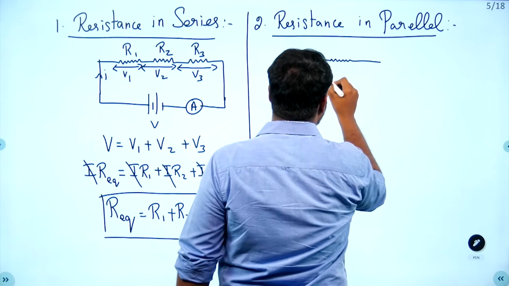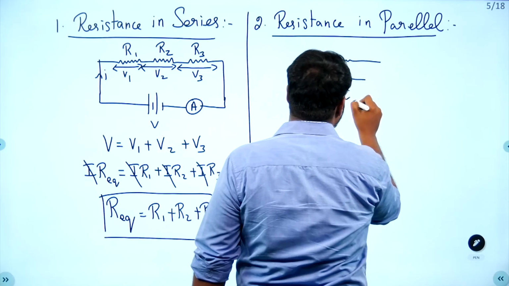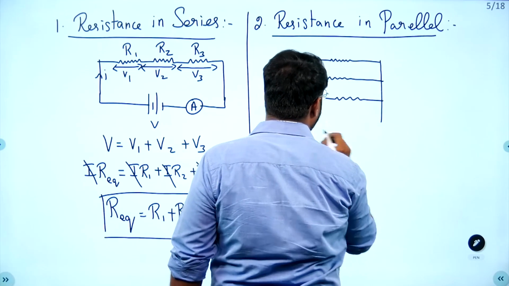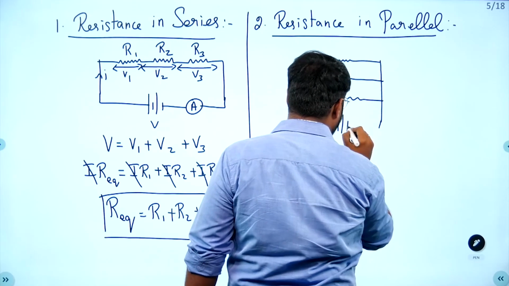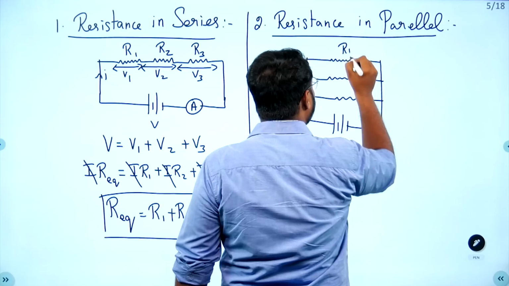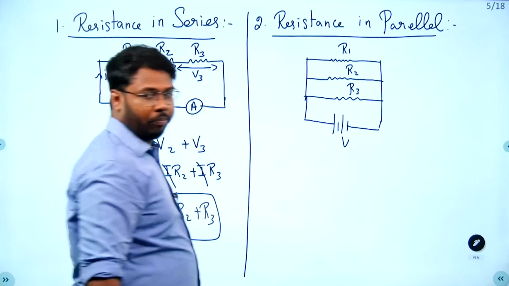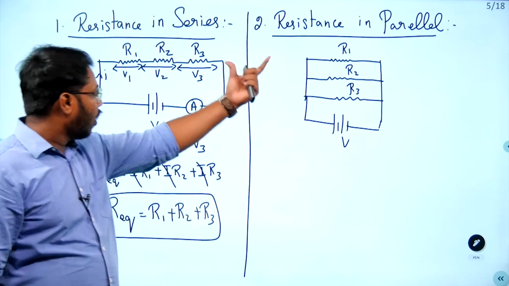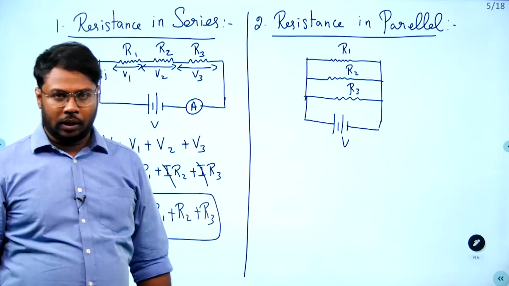So, we have three resistors that are connected across a battery like this. I will call this R1, R2, R3 into V. Clear? So, now I am trying to put the equivalent resistor for these three resistors.